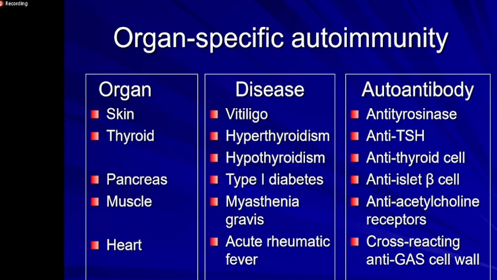If you have a patient with type 1 diabetes, we can specifically look for the beta cell antibodies. If you have a patient who has weakness in walking because the acetylcholine receptors are not being activated, and I'm hoping you can remember your biochemistry and physiology on how the acetylcholine receptors work, then you can look for anti-acetylcholine receptor antibodies, and so on and so forth.